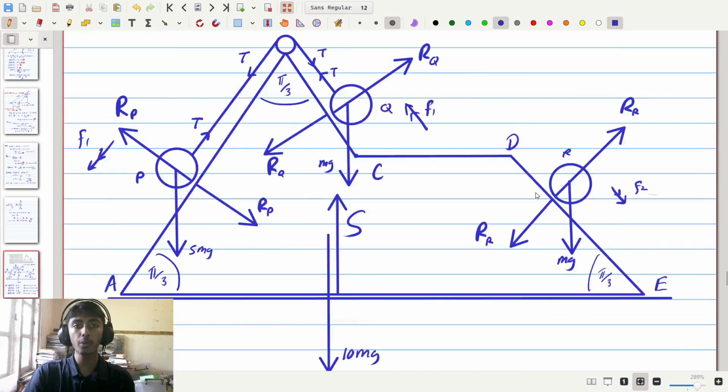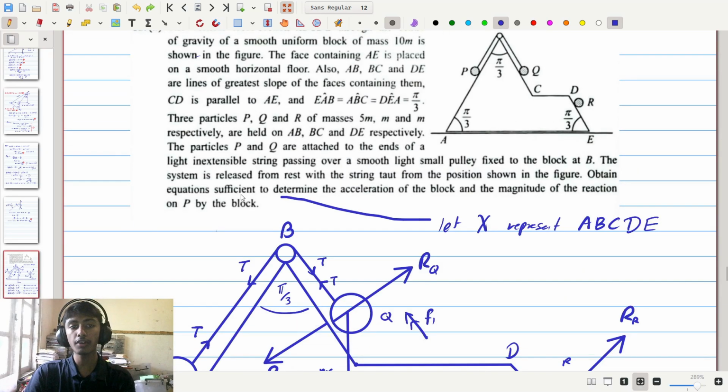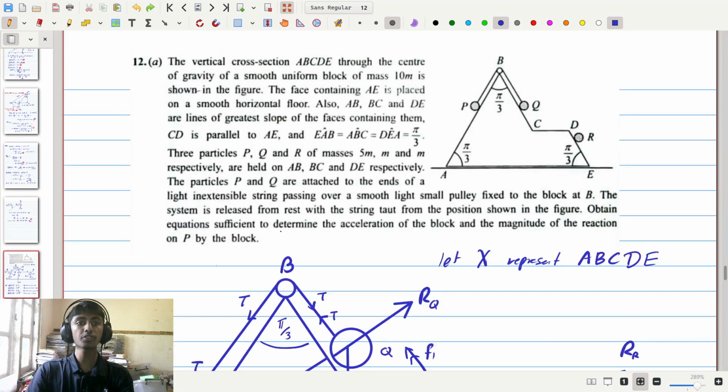Since if you recall in the question, it said find equations sufficient to determine the acceleration of the block and the magnitude of the reaction on P by the block. So we only need those two, which means we have already done what we need. We have determined equations sufficient to determine those two, which means that we are actually done with this question. So that's going to be all for this question.